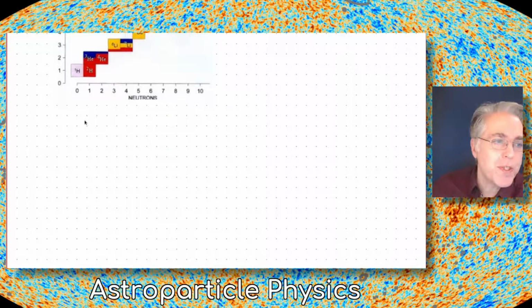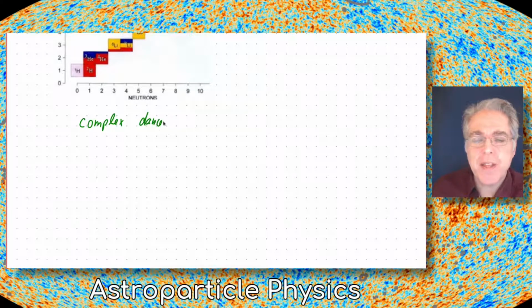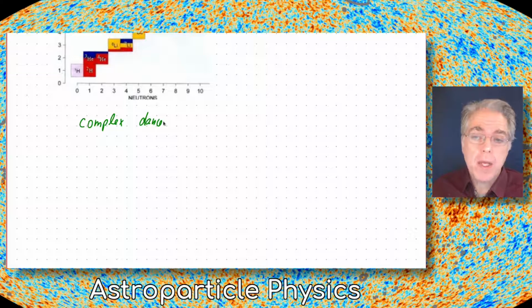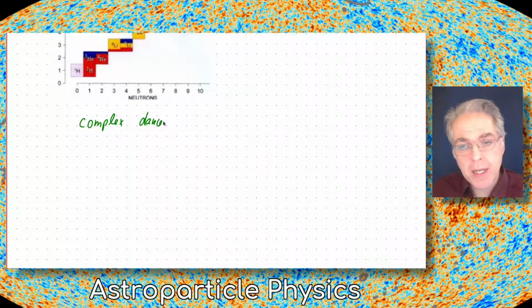And so this is a very complex dance, I want to call it, because there's many things happening in a very particular sequence, competing with the expansion rate, which is completely independent of the reaction rates, because the energy content is in radiation mostly. But the complex dance means there's lots of things happening at the right time, at the right rate, in order to produce exactly the abundance that we see today.